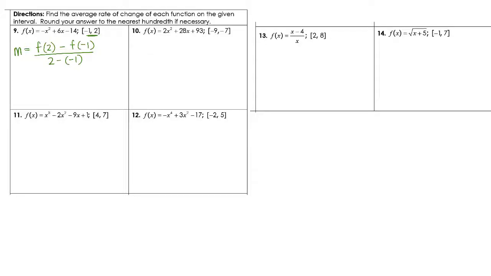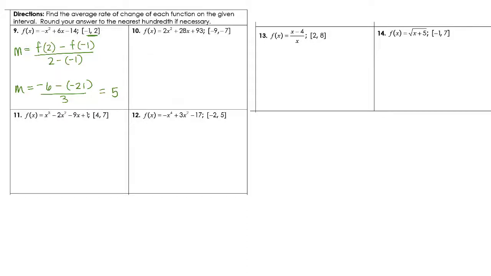None of this you need to do by hand. And hopefully when you sub into the calculators, f at 2, when you make that substitution, you should get -6 minus, and if you plug in -1, you're going to get -21, I believe. And that's going to be all over 2 plus 1, so 3. And when you put all that in your calculators, you should get 5.